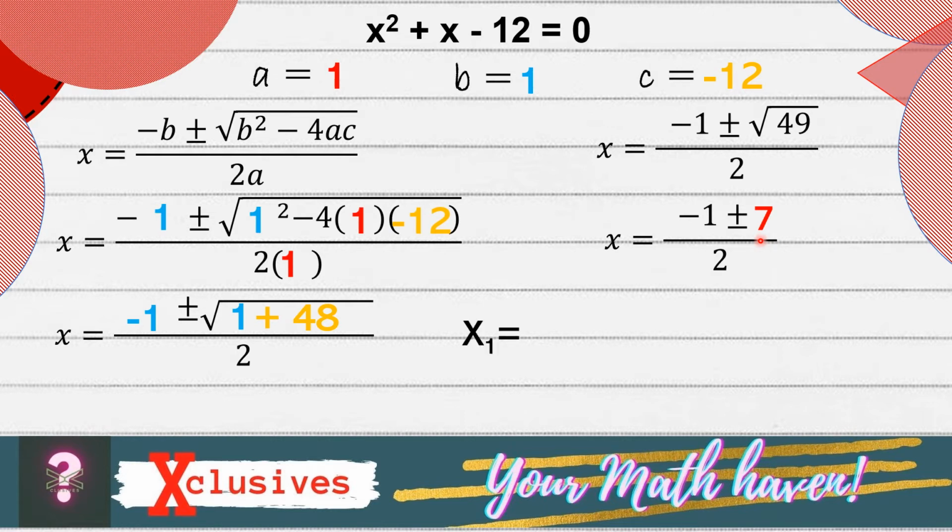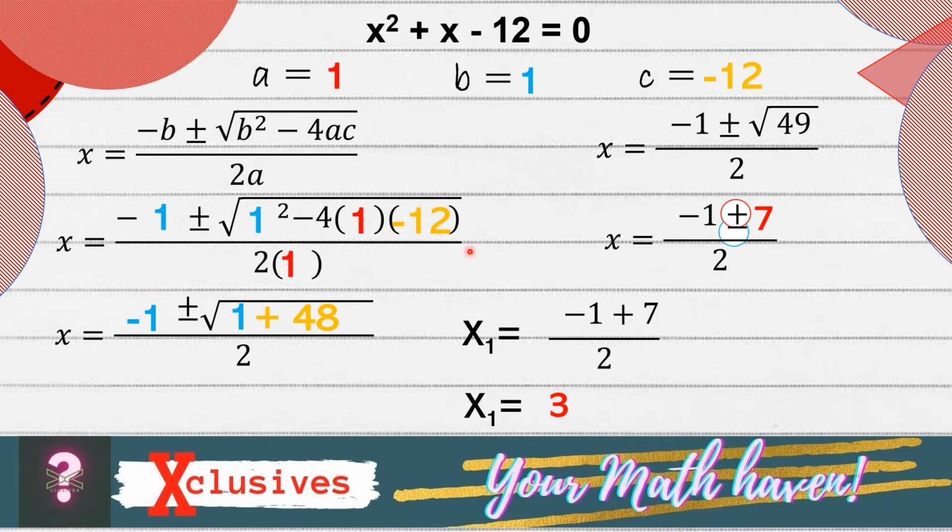So we can get now our first root, that is the positive value. So that is negative 1 plus 7 over 2. So negative 1 plus 7, that is 6, divided by 2, we have 3.